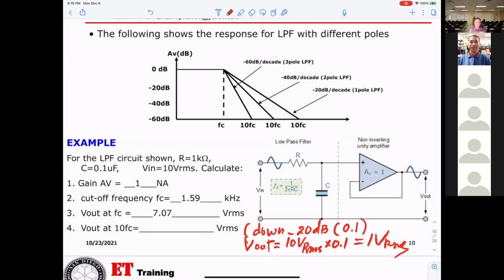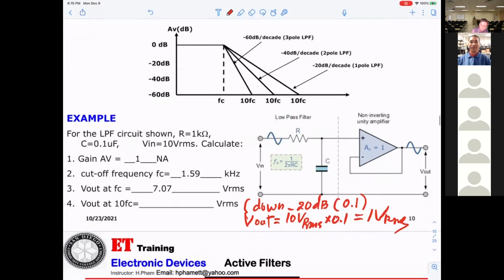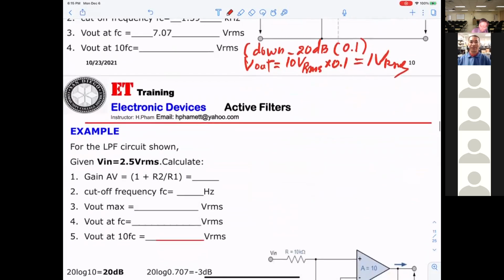Okay, so any question for this example? Okay, let's see now.